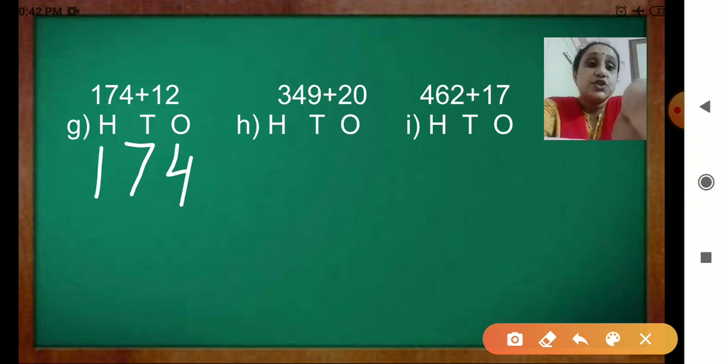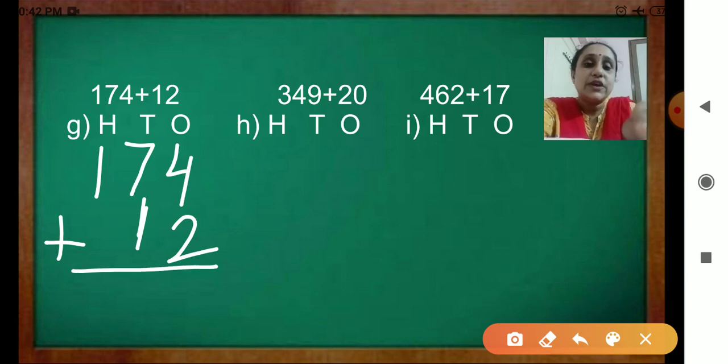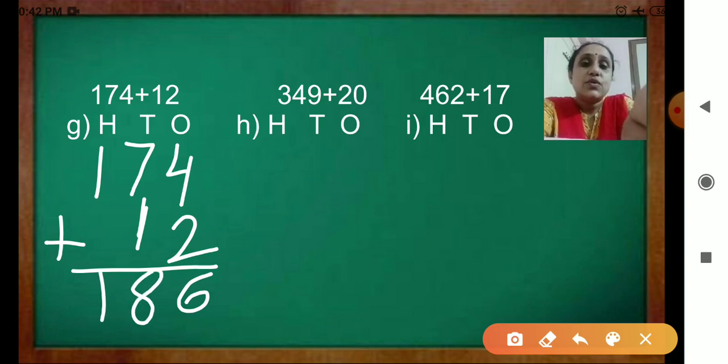Don't forget to put the plus sign. Okay, remember it. Now plus 12. 2 in ones place and 1. Now shall we add? 4 plus 2, 6. 7 plus 1, 8, and 1. So this is the answer.